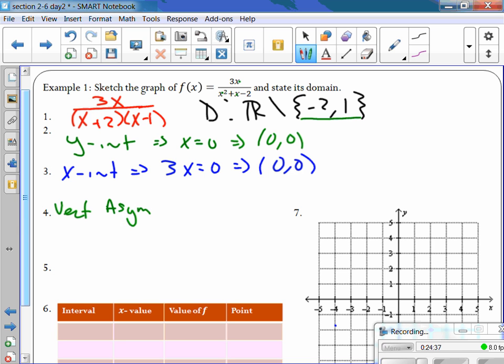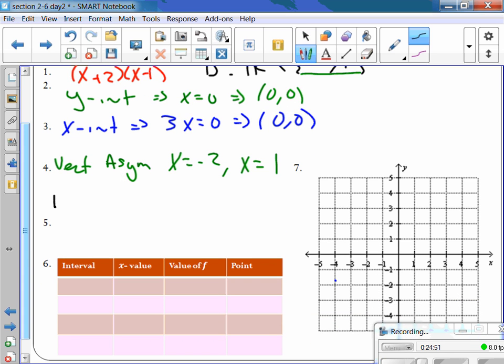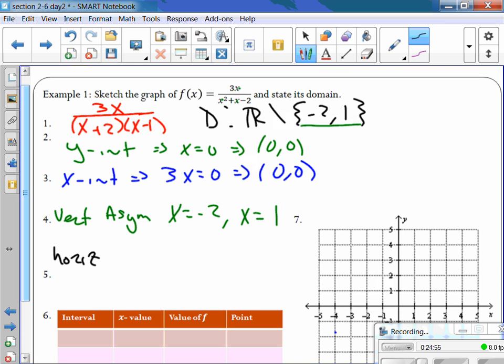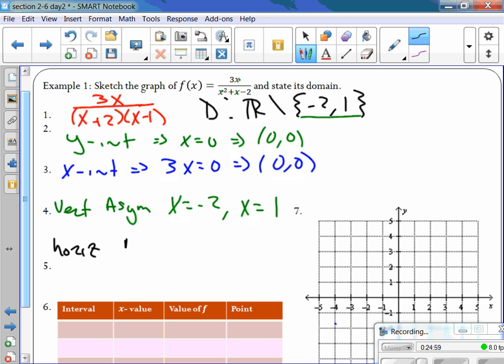And last thing we have to do is for Stephanie, go ahead and come up with those horizontals. Why is that? Because the top one is 1, the bottom one is 2. Absolutely. Since I'm in the case n less than m, we come up with y equals 0 as that horizontal.